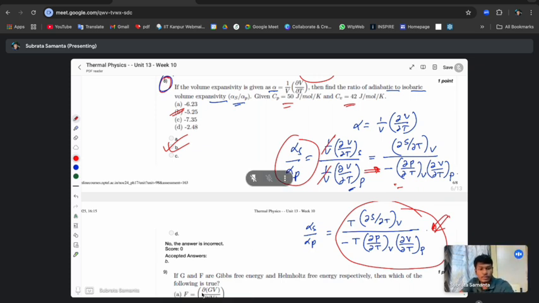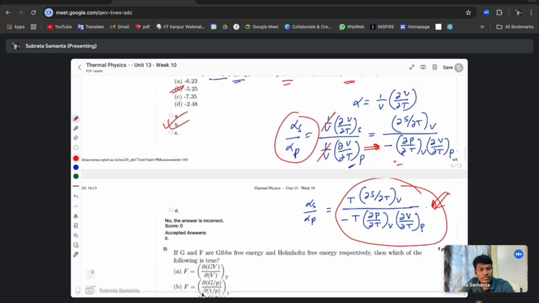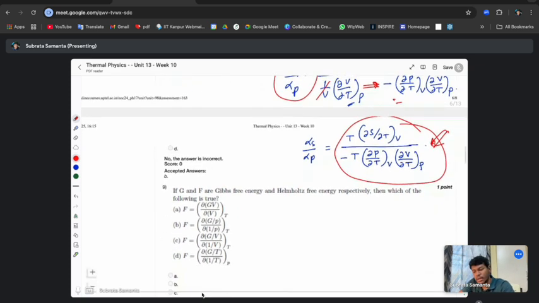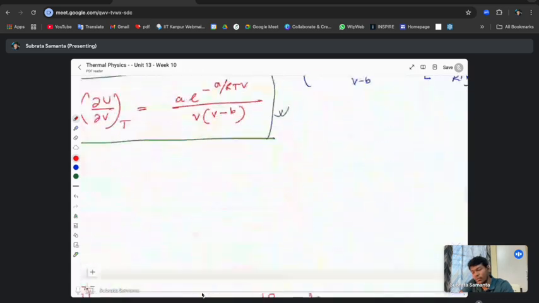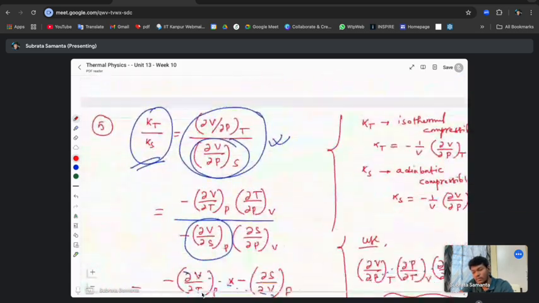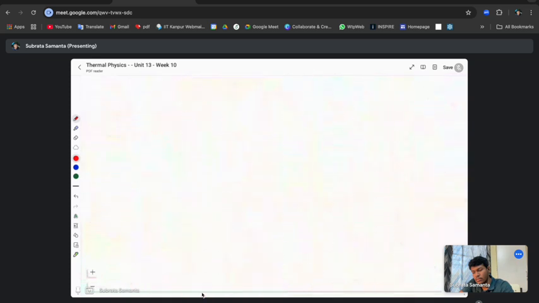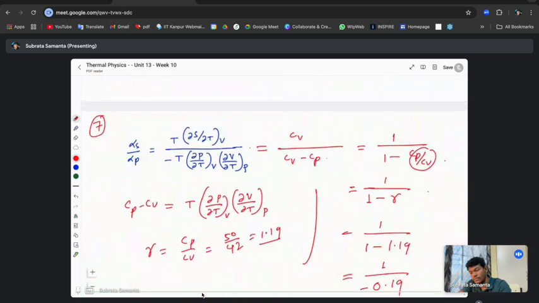Okay, so have you tried this? Is there any issue or problem you faced to solve this problem? It's very straightforward. Then we have to use one Maxwell equation, and we end up with this, and now we just derive this.